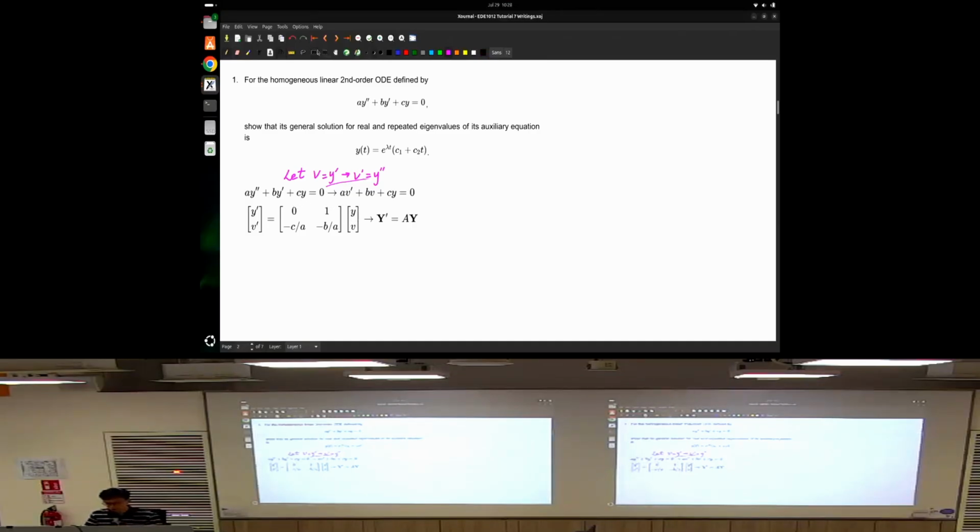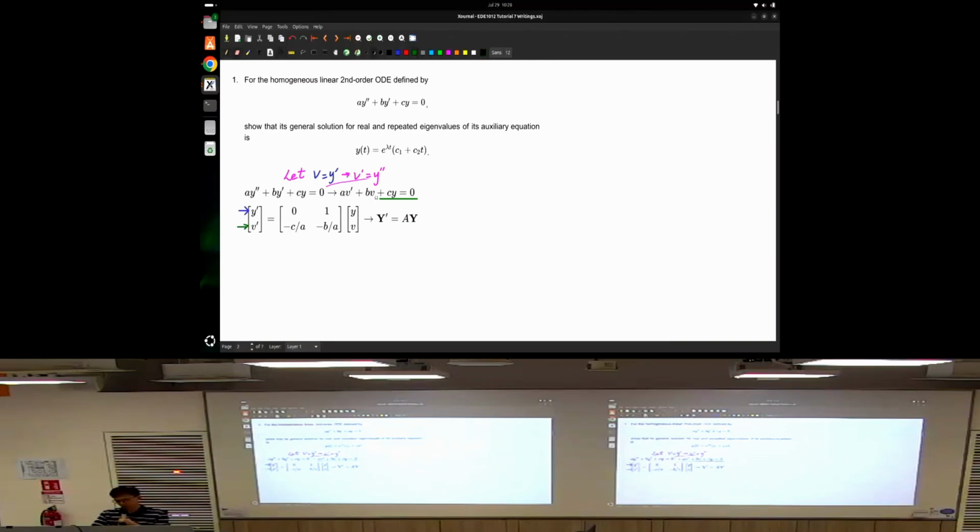This is what you introduce, so this is the first equation. v equals y prime or y prime equals v is the same thing, right? Then this is the second equation. Your v prime, after you isolate it, must be minus c over a times y, minus b over a times v.